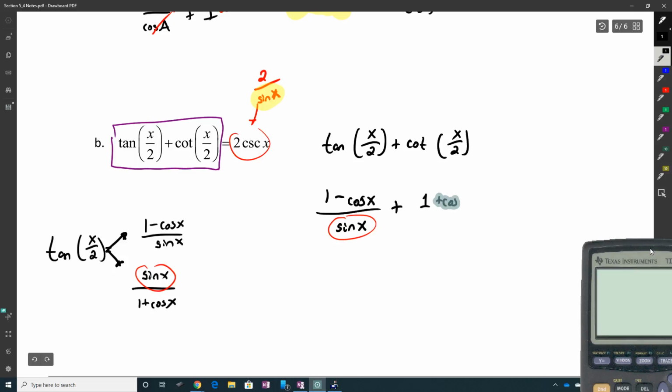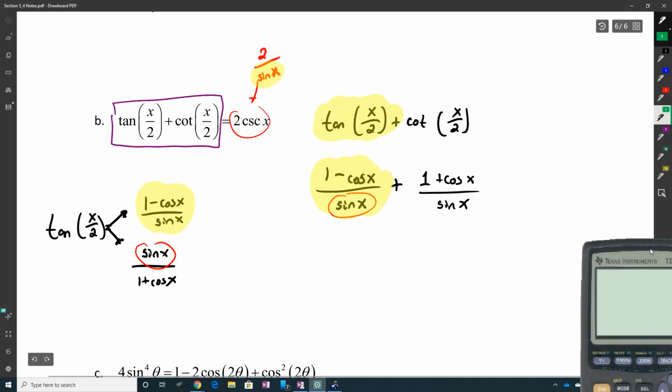So this is 1 plus cosine x over sine x. So for the first tangent, I used this formula. For the cotangent, I went ahead and used the other formula, because by flipping it, it puts the sine in the bottom.